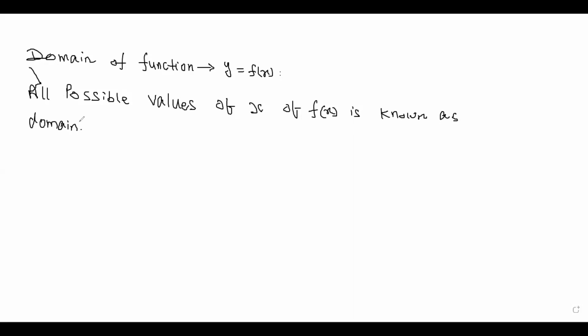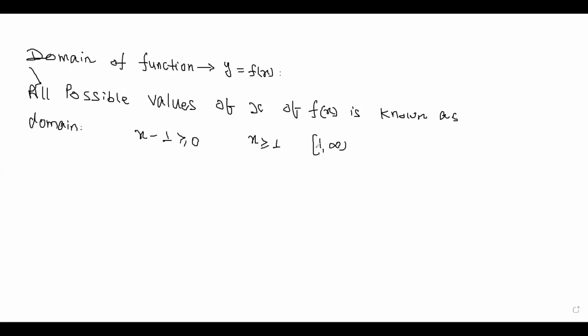For example, if you write x minus 1 is greater than equal to 0, so that x will be greater than equal to 1. So you can write the value of x lies between 1 to infinity.